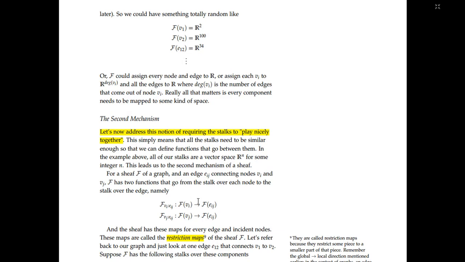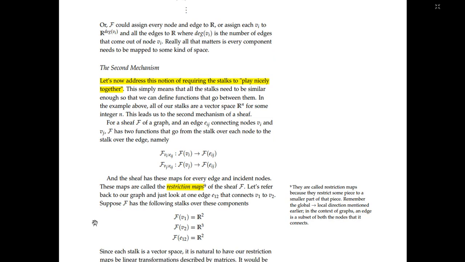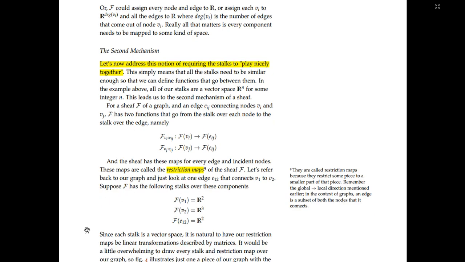Like a map between the node and edges play nicely together. So this is our notation and we call this like a sheaf of vector spaces on the graph.